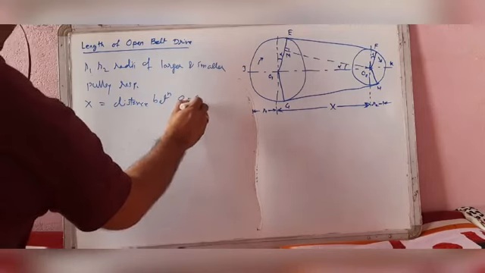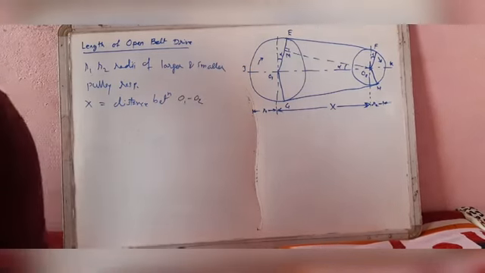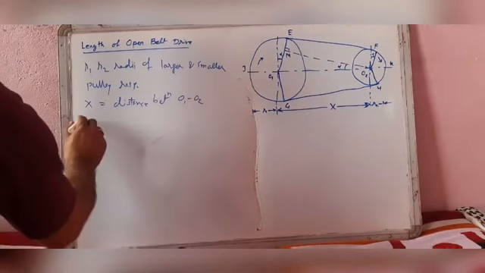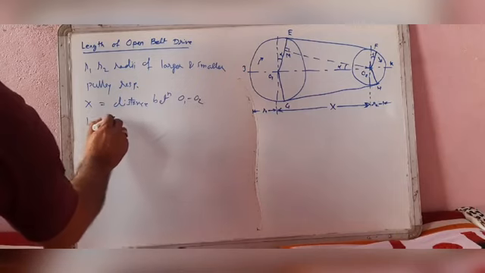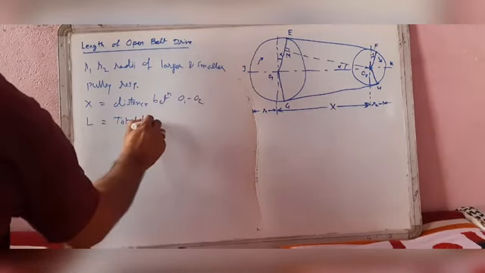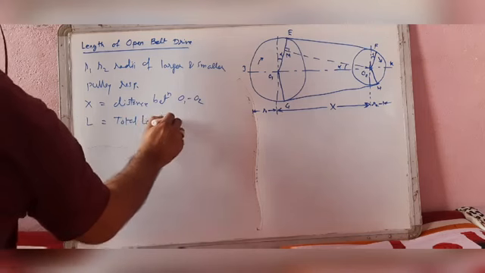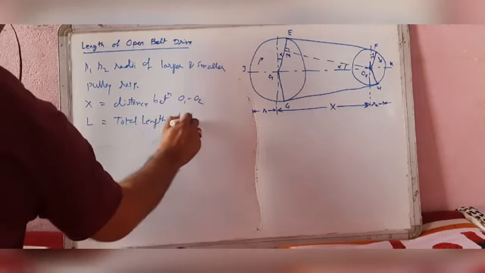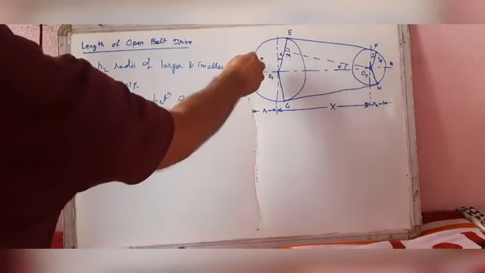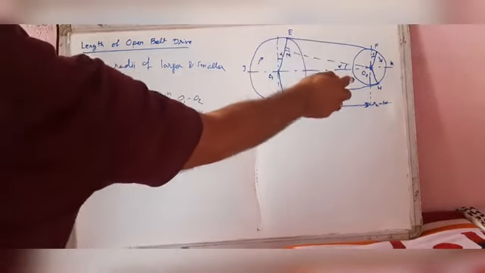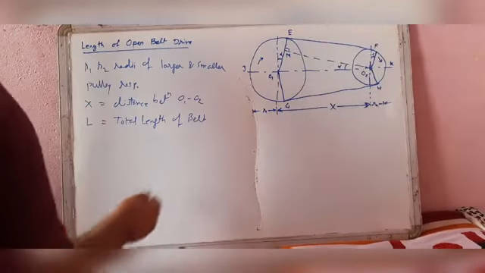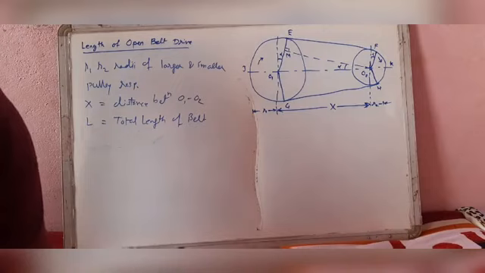O1 to O2, and L is the total length of the belt. Capital L is the total length of belt, which means from G to J, to E, F, K, H, G, and again to J. This is the total length of the belt.